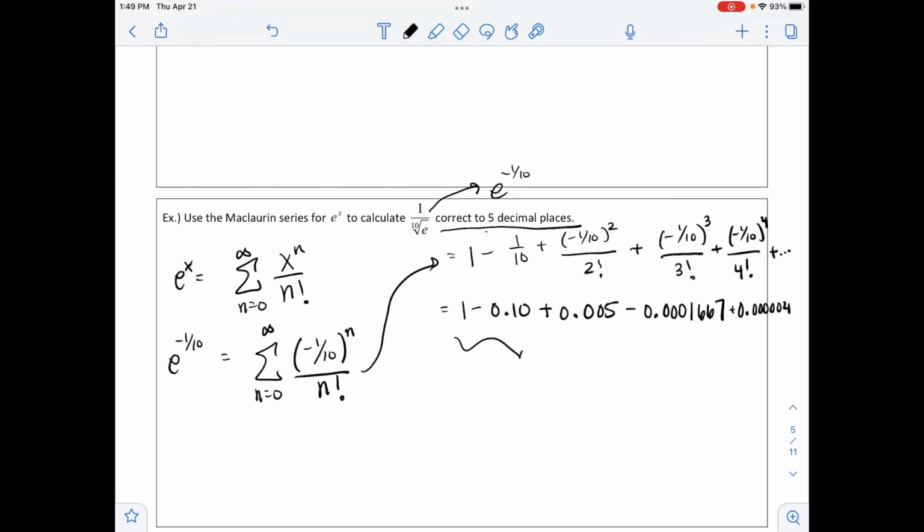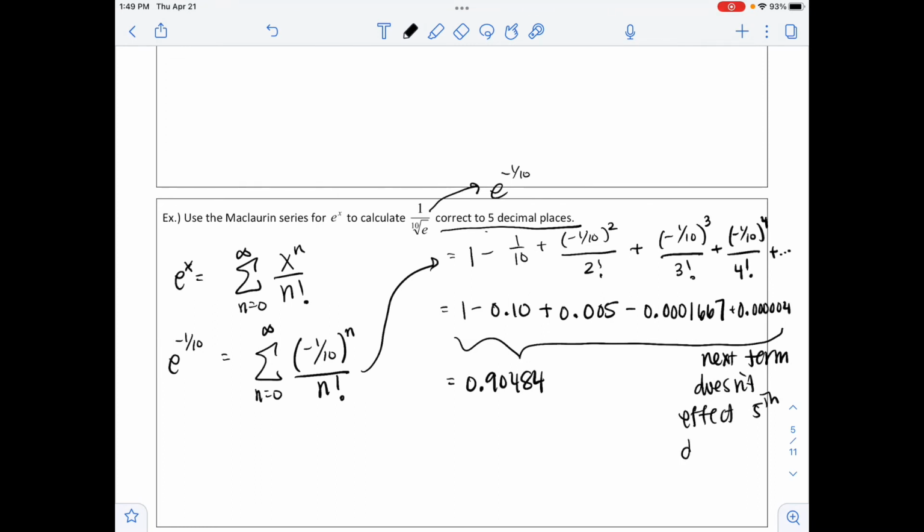And so this would equal 0.90484. And we'll say down here that the next term, and you can always calculate it to see it exactly, doesn't affect the fifth decimal place.